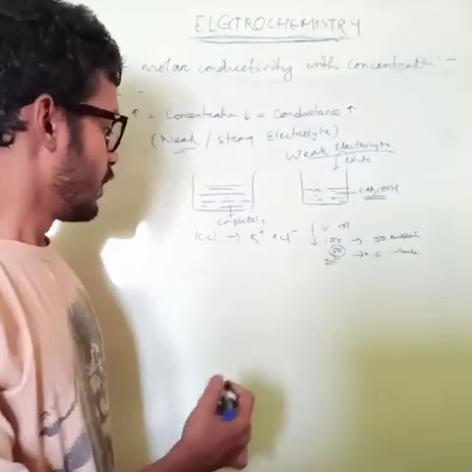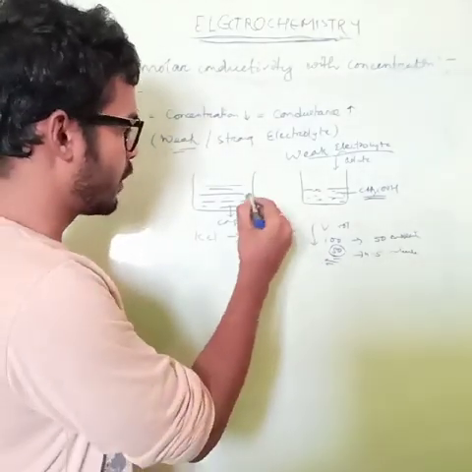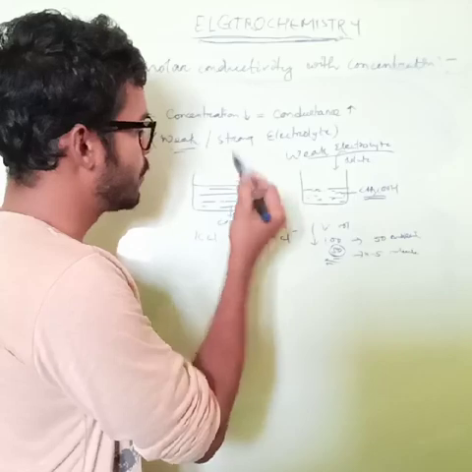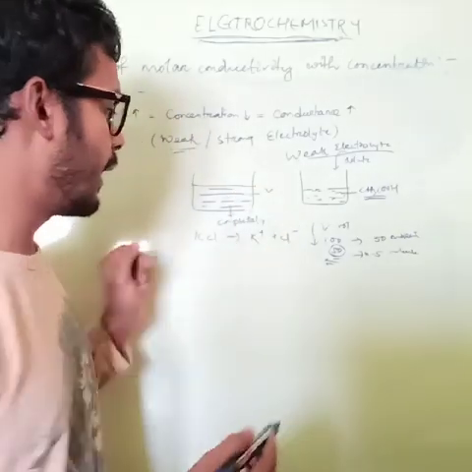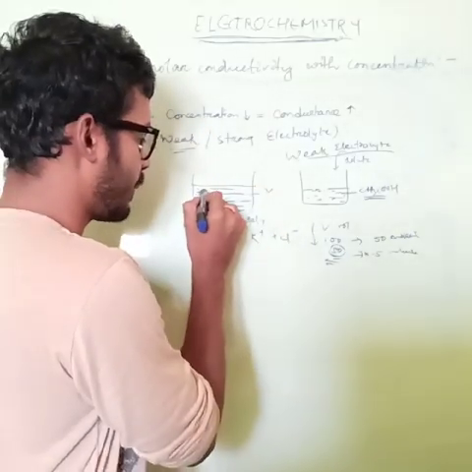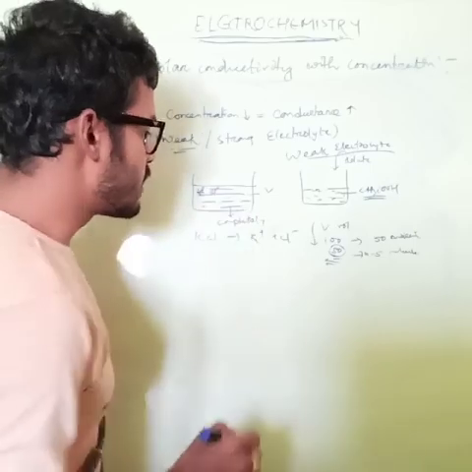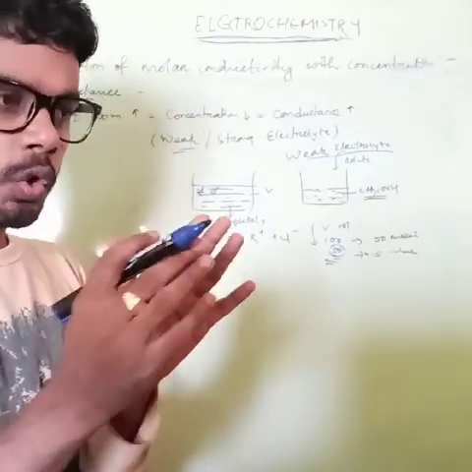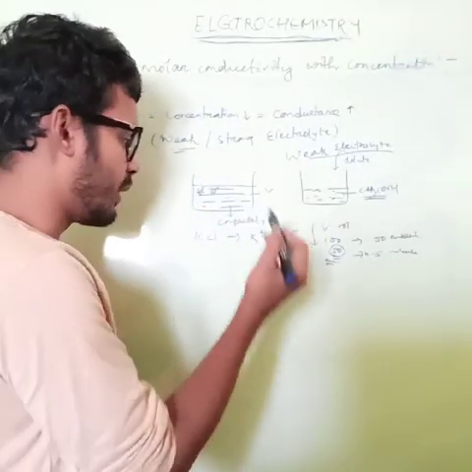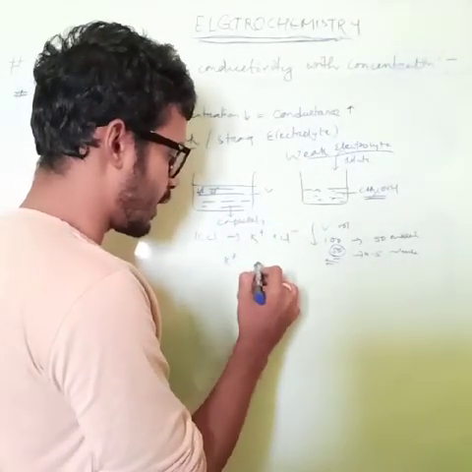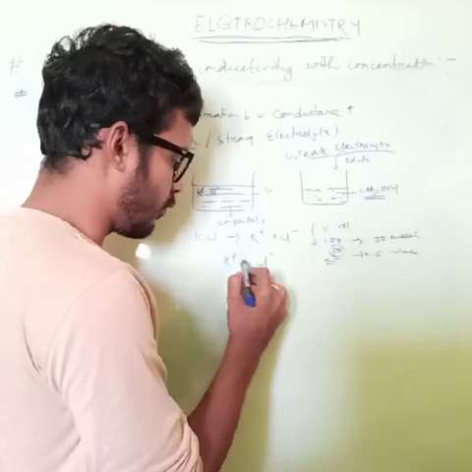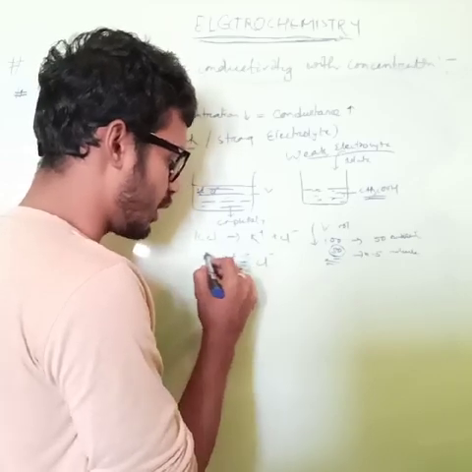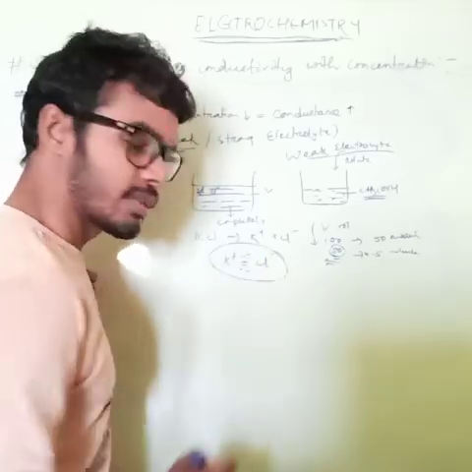Let's see how. If the volume is V, the K plus and Cl minus ions have a quite high density and are close together. They have an electrostatic force of attraction between them.